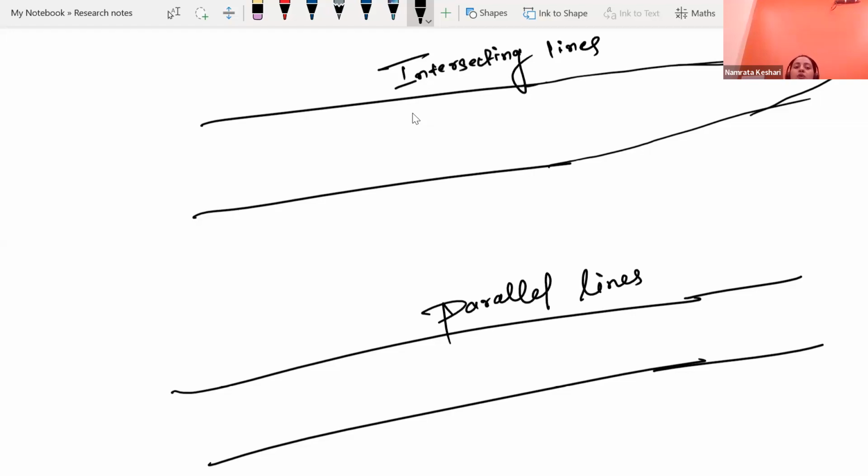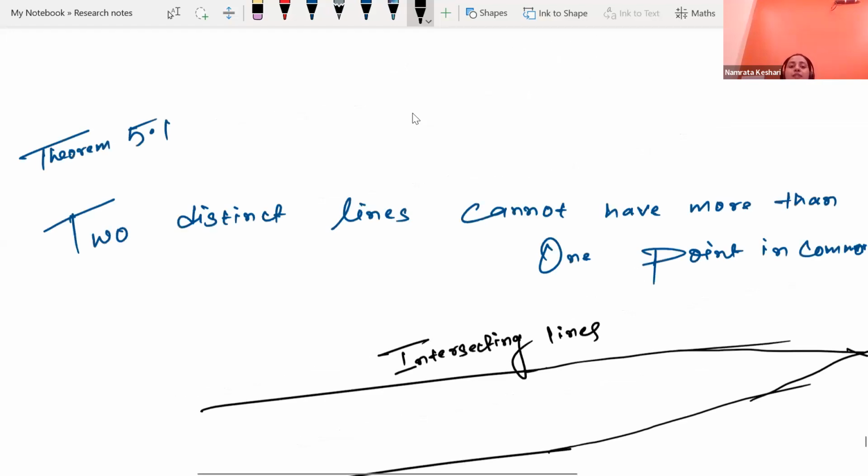When we have two distinct lines, there are two possibilities: either both lines intersect each other, or both lines will not intersect. Cannot have more than one point in common means maximum 1 point of intersection will be there.